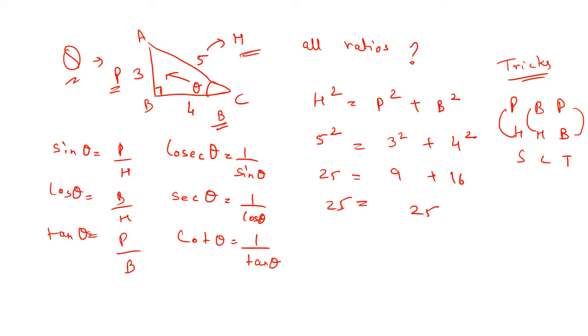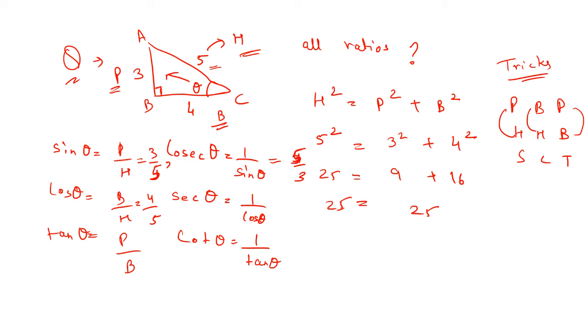Perpendicular upon hypotenuse, so sine theta will be 3 by 5, and cosec will be the reciprocal, 5 by 3. Base upon hypotenuse will be 4 by 5. Hypotenuse is 5, so we write 5 here, and here also 5 because it is just the reciprocal of sine.